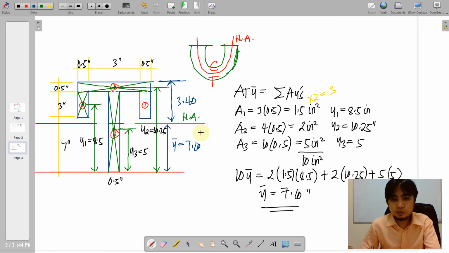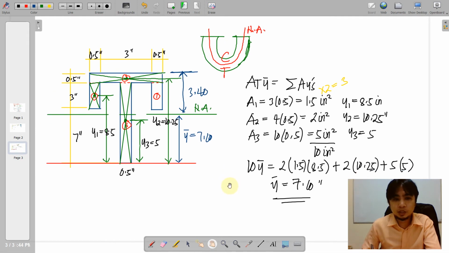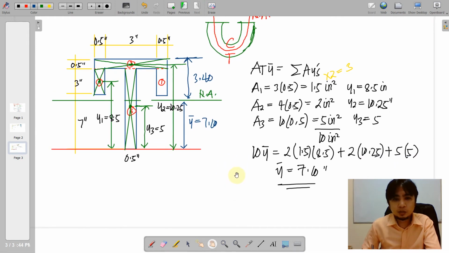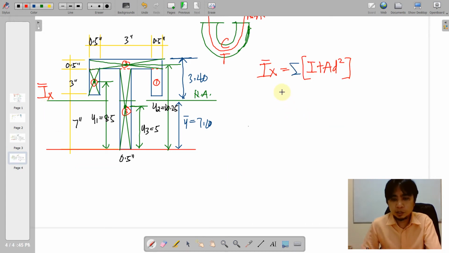Okay, so we cannot proceed further if we do not know the centroidal moment of inertia, which is actually I bar x, given by the formula summation of I plus A D squared. So what are these?